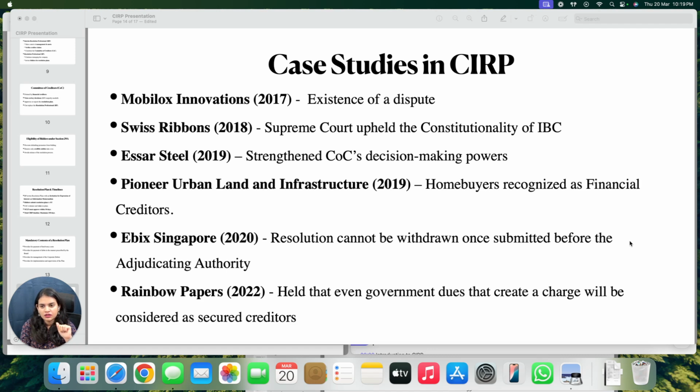In the case of Swiss Ribbons, the constitutionality of the IBC was challenged. In this case, the petitioners challenged that stakeholders are being treated differently and there is no intelligible differentia.